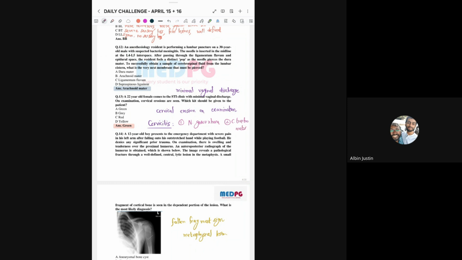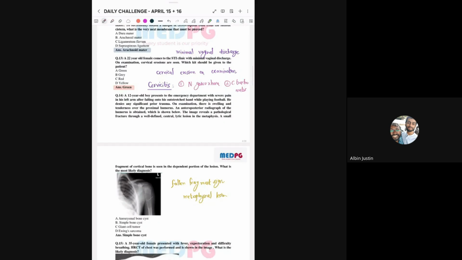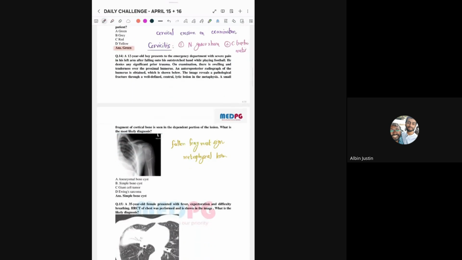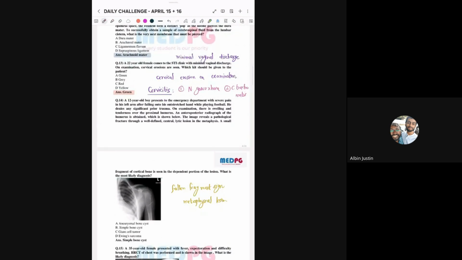So to treat both these things, what will we do? We give the green kit. The antibiotics will be cefixime plus azithromycin.